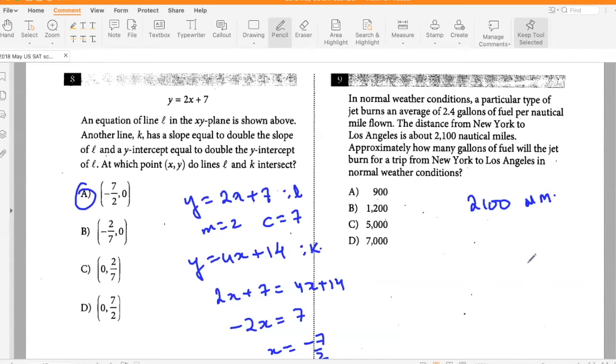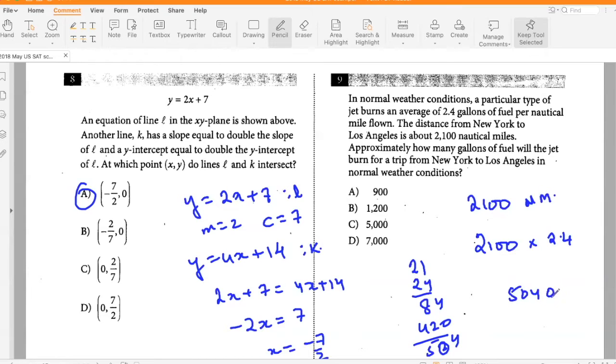Okay, so 1 nautical mile is 2.4, so 2,100 into 2.4. So 21 into 24, ones are 4, 8, 4, 20, 0, 5,040, so close to 5,000.